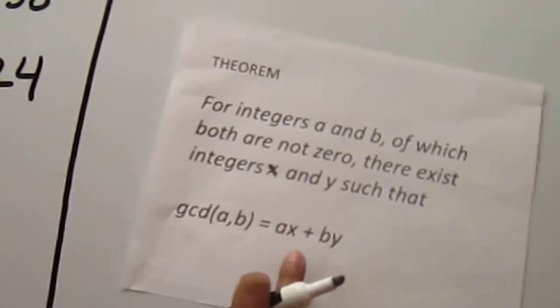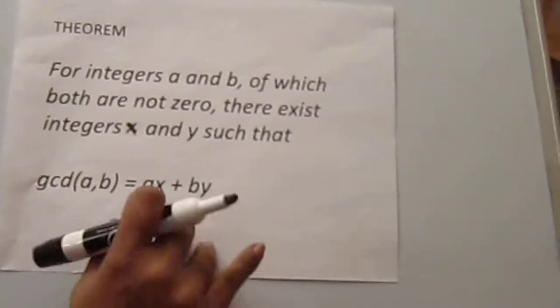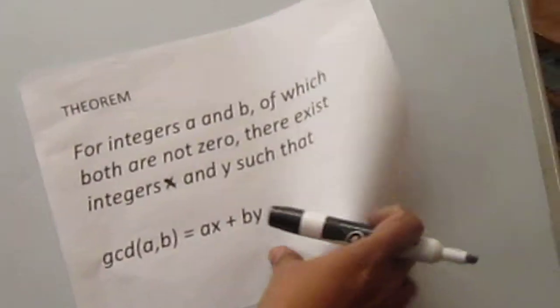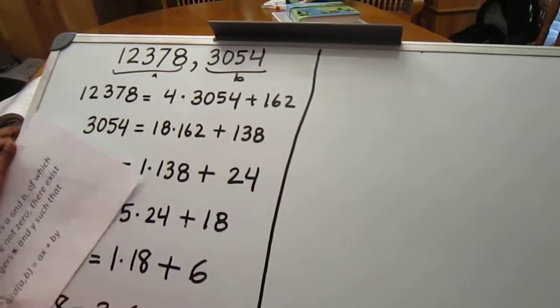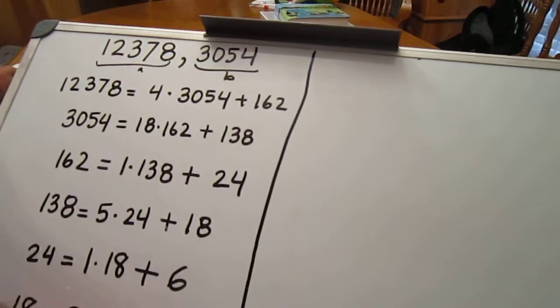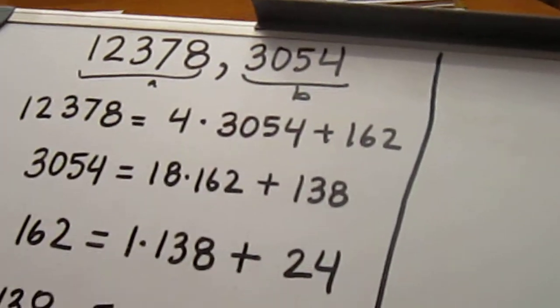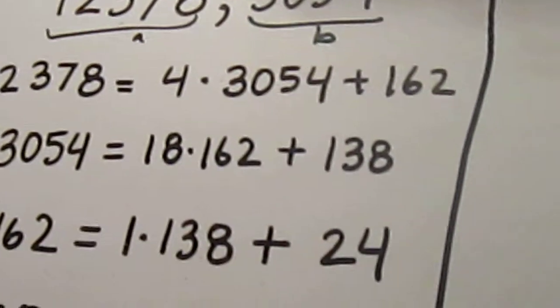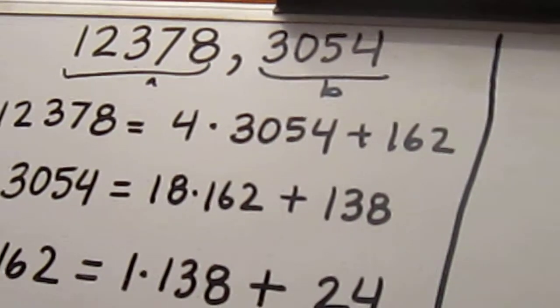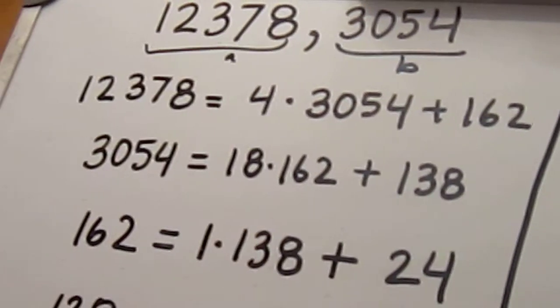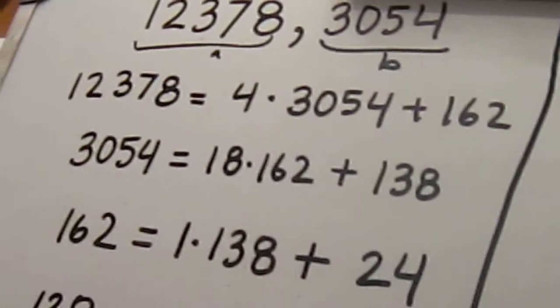So there is a linear equation right there. A and B in our case are 12,378 and 3,054. And we're going to find integers x and y to make a linear equation. So 6 is our greatest common divisor of A and B, and we have to find x and y.